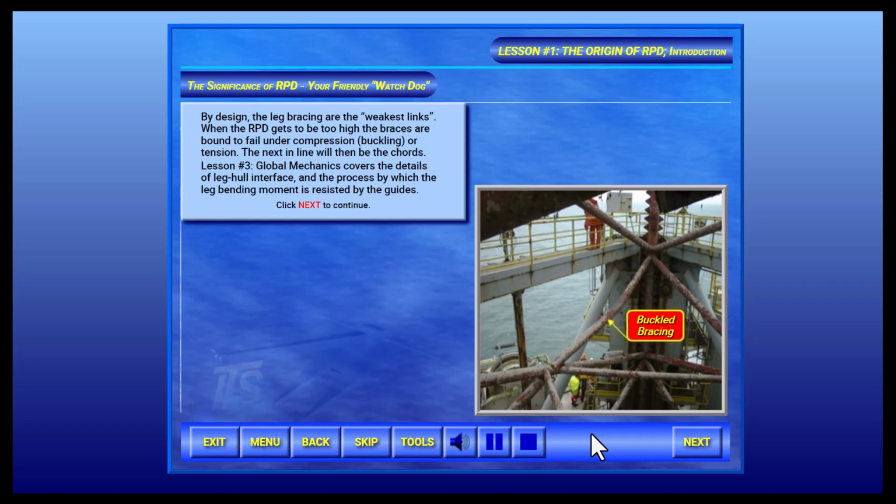When the RPD gets to be too high, the braces are bound to fail under compression, buckling, or tension. The next in line will then be the cords. Lesson number 3, Global Mechanics, covers the details of leg-hull interface and the process by which the leg bending moment is resisted by the guides.